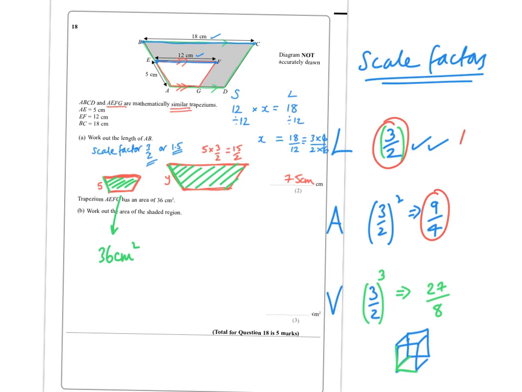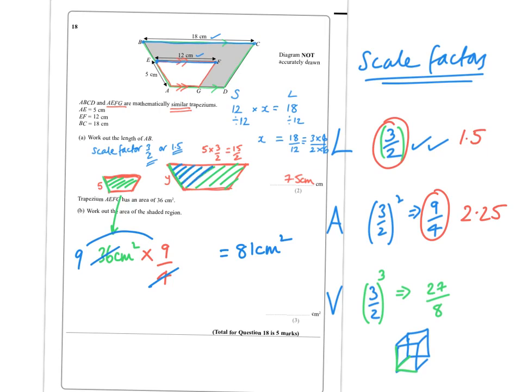And if you wanted to do that in decimals, then you'd have 1.5 all squared, which is 2.25. I prefer fractions, so we'd have 36 times 9/4, and 4s into 36 is 9, and I'd end up with 9 nines, which is 81 centimetre squares.